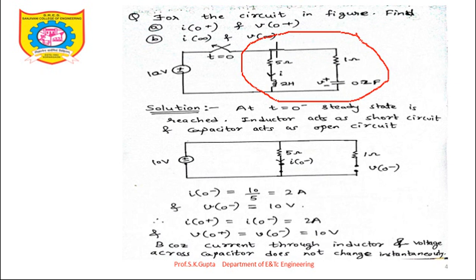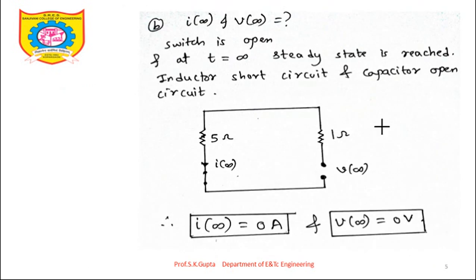So again I have to determine I of infinity and V of infinity. That means t equal to infinity. So again steady state has been reached. As steady state is reached, the capacitor is open circuited and the inductor is short circuited. So this is the circuit at t equal to infinity.